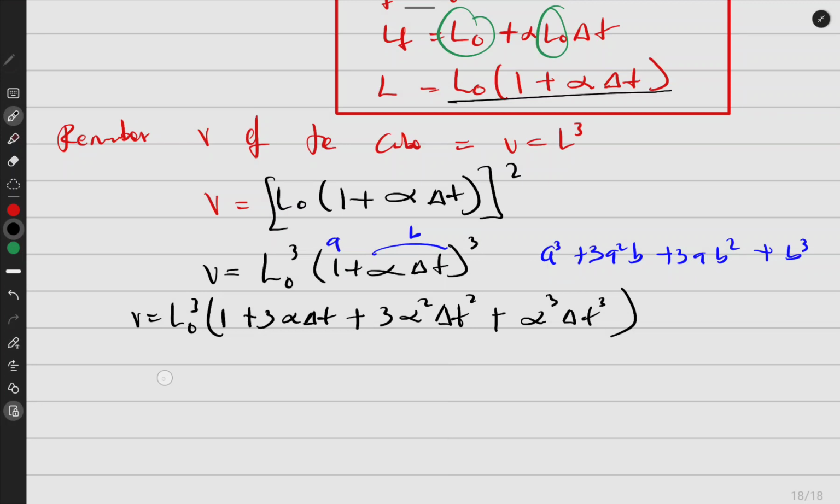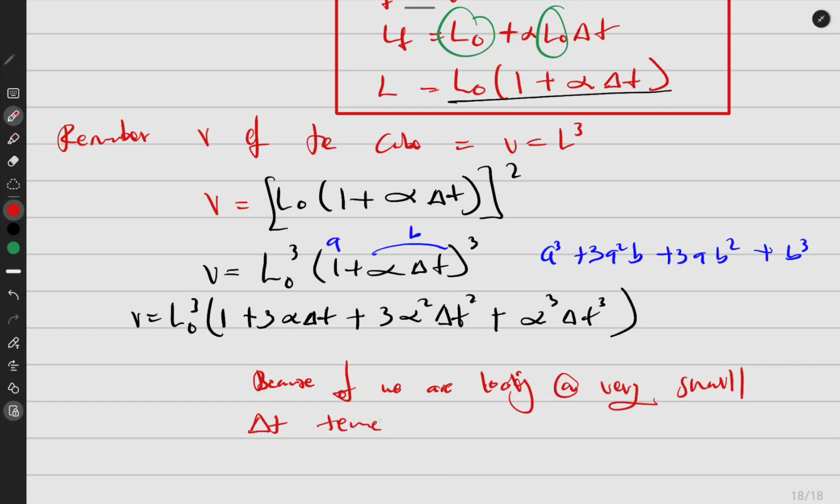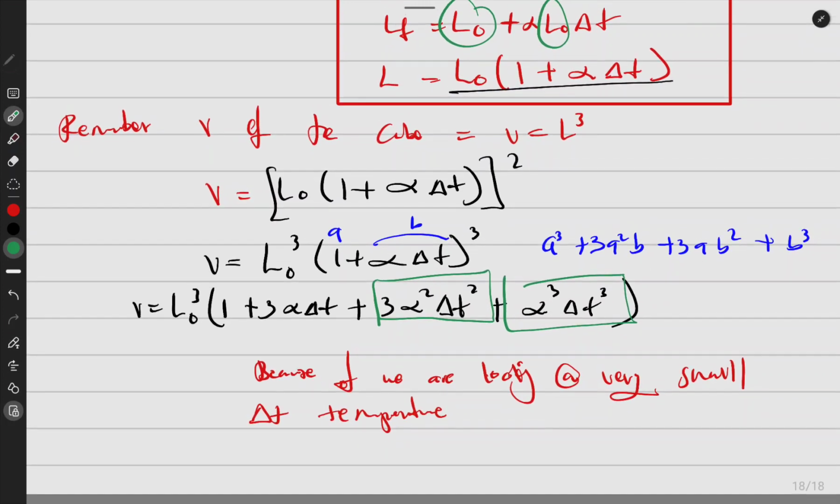Okay, so because we are looking at very small change in temperatures, we can just neglect all of this, or I should say it goes to 0.